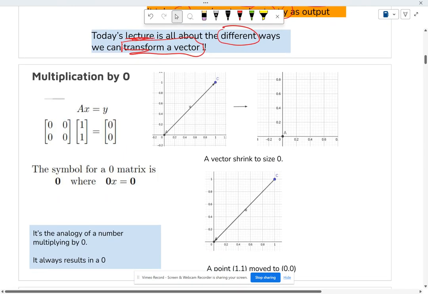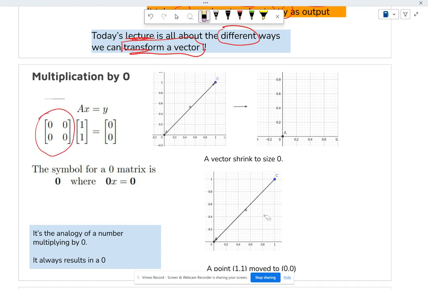Among them, the easiest transformation is if you multiply by a zero matrix. If everything inside a matrix is zero, then your output is going to be zero. The symbol for the zero matrix is just a bold zero, and therefore, if you take x multiplied by the zero matrix, it will just give you zero.